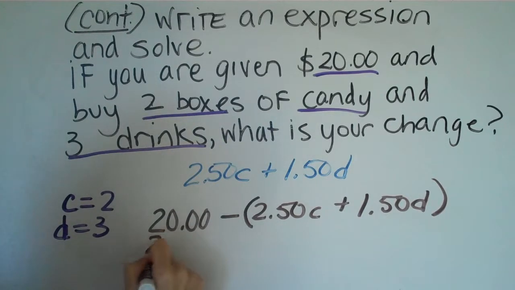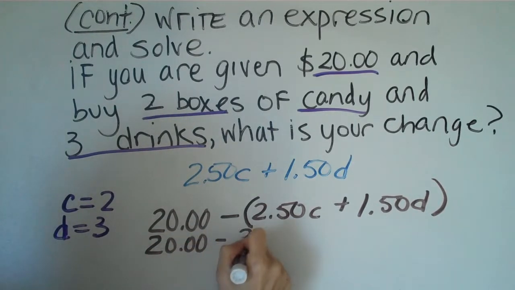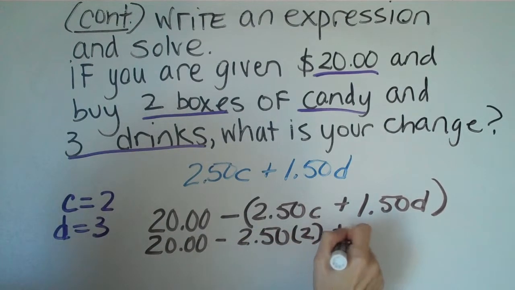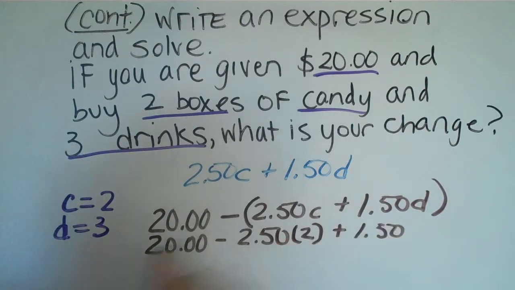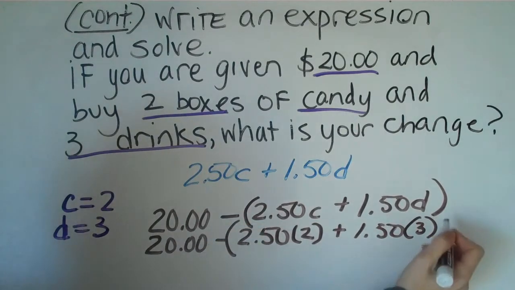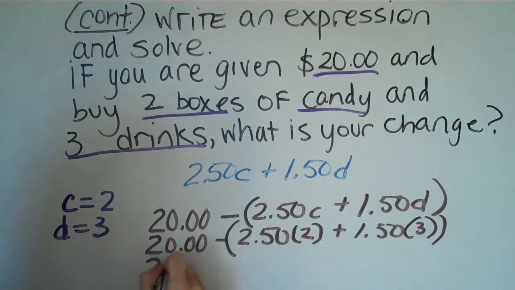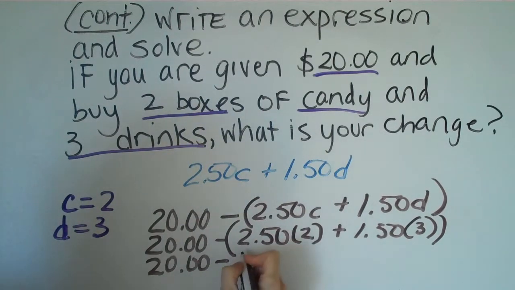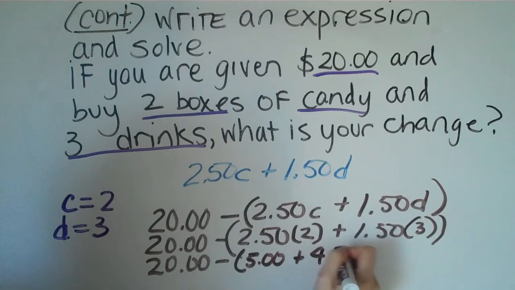But let's take it another step. $20 minus $2.50 times C, which we said was 2, plus $1.50 times D, which is 3. And this all goes together in the parentheses. So it's $20 minus $2.50 times 2, which is $5, plus $1.50 times 3, which is $4.50.